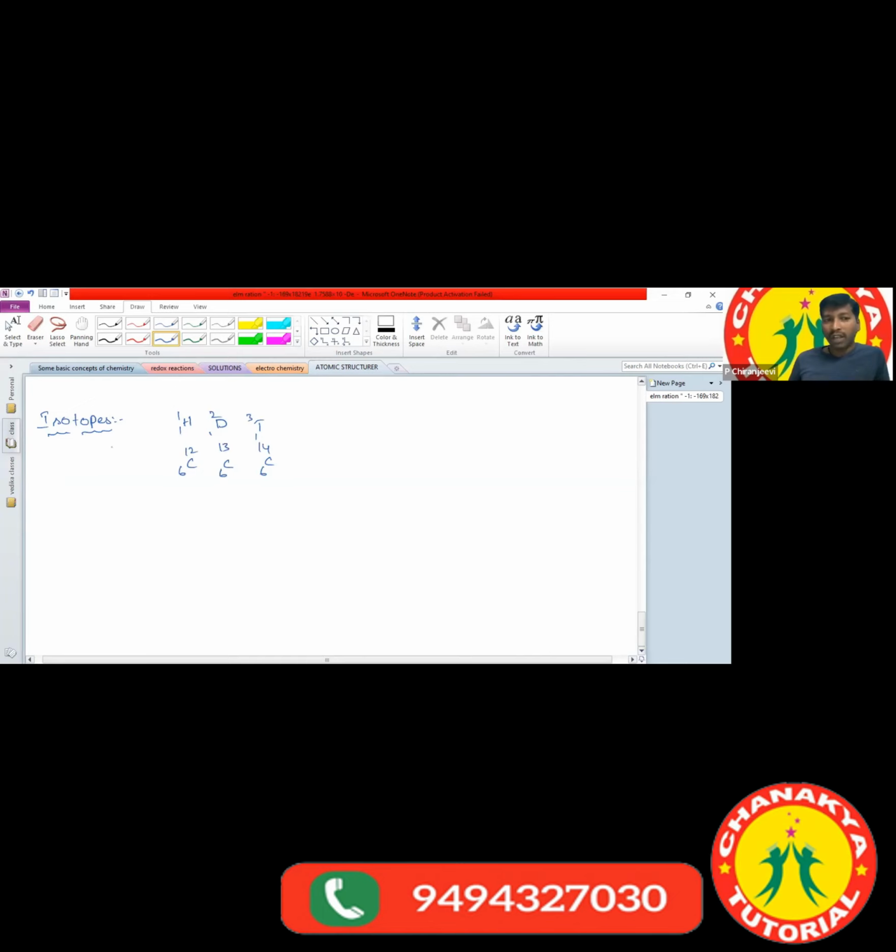So all these are examples of isotopes. If you observe, atoms of the same element having the same atomic number but differing in mass number are called isotopes.